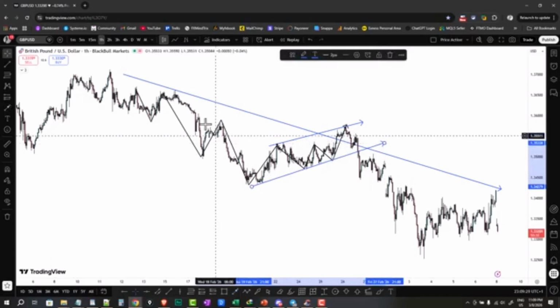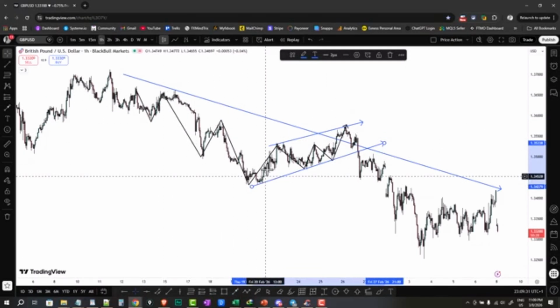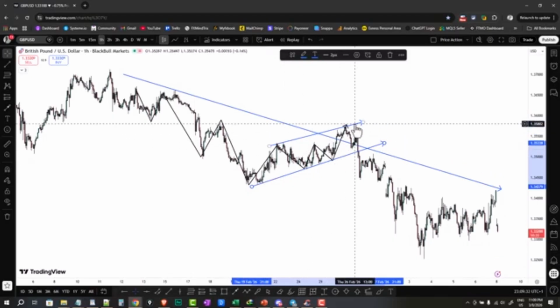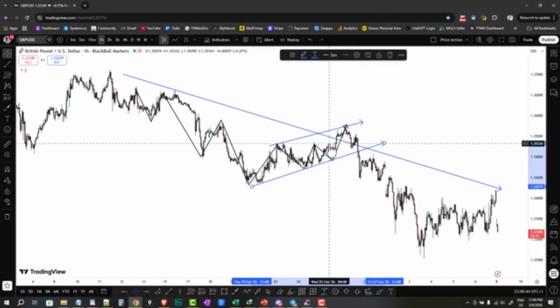Temporarily, price went from forming the market structure of a downtrending market to forming the market structure of an uptrending market. But this is because price does not move in a straight line. In as much as it's going to move in the direction of one trend, there are times when it's going to consolidate and retrace.